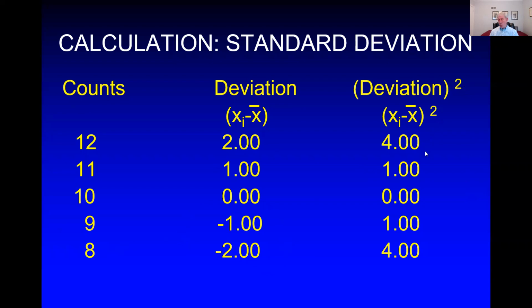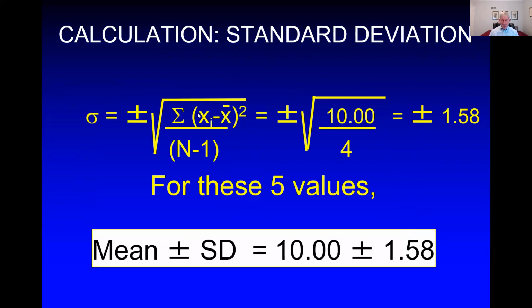Here are the squares of the deviations. 2 squared is 4, 1 squared is 1, and so on. Remember what that formula said, we sum the squares of the deviations. So if we add up 4 and 1 and 0 and 1 and 4, it comes out to be 10. Now let's plug that in. The sum of the squares of the deviation is 10. We use n minus 1. There were five values, so n minus 1 is 4.